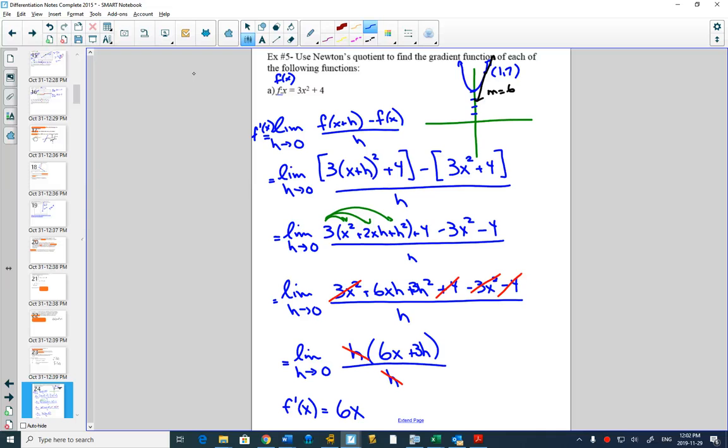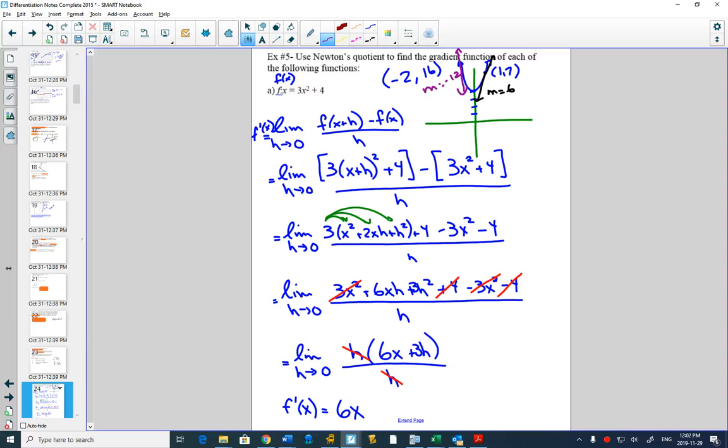If you picked another point, say you picked the point over here at (-2, 16), somewhere there you're going to have that as your tangent line. If you plug in -2 into this equation, I can tell you that the slope of this one is -12.